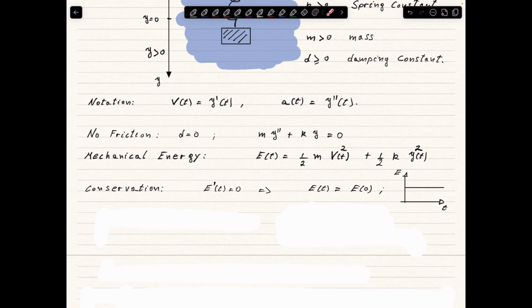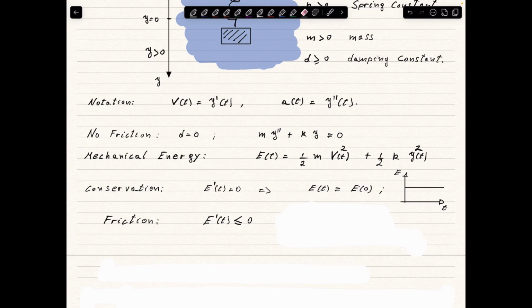So the last thing we said in the previous video is what happens in the case that we have friction. So the damping constant, or the friction constant, now is positive. Then we don't have conservation of this quantity, the mechanical energy, anymore.